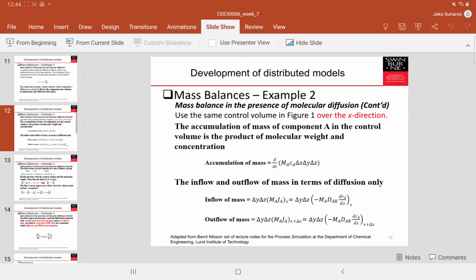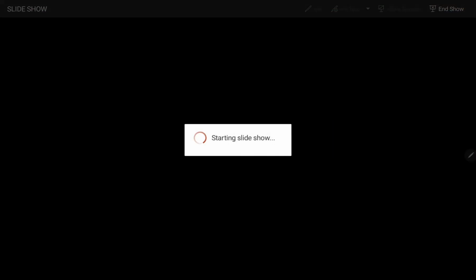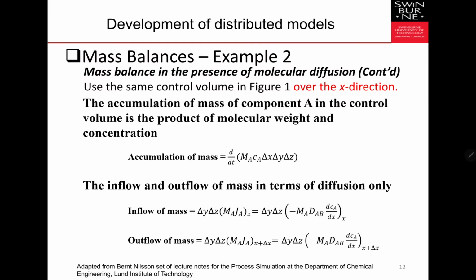Now we shall go into the derivation of the mass balance in the control volume in figure 1 over the x direction. We will be using the same figure again that we had in the previous slide, where this one is z, this one is y, this one is x, and you have these cube elements.